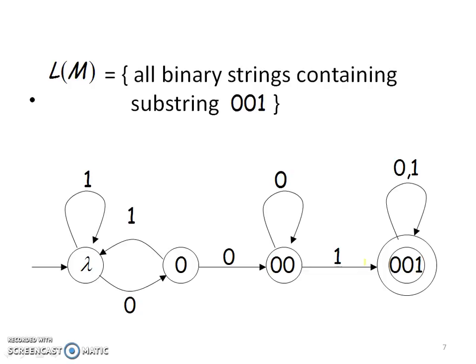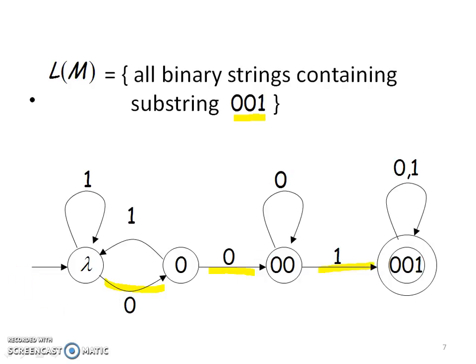Similarly, let's have a look at the example here. This DFA represents the language of all binary strings containing the substring 001. So examples of possible accepted strings could be, say, 0, 0, 1.